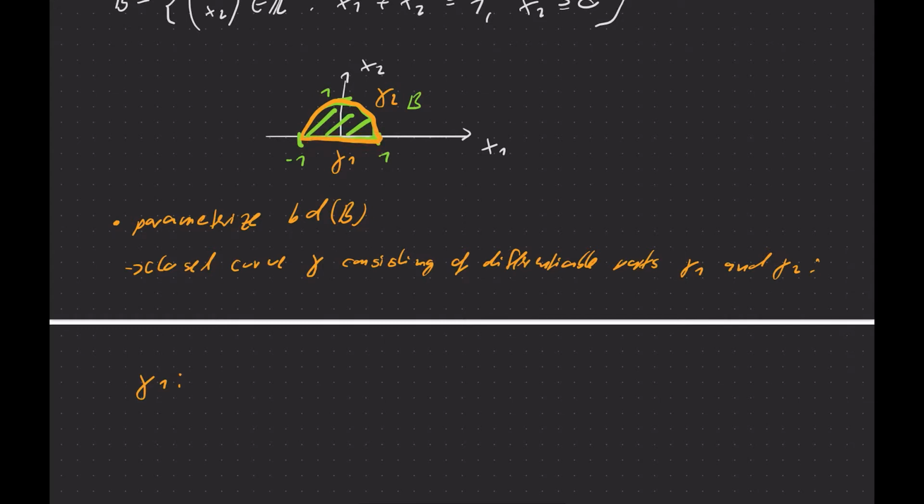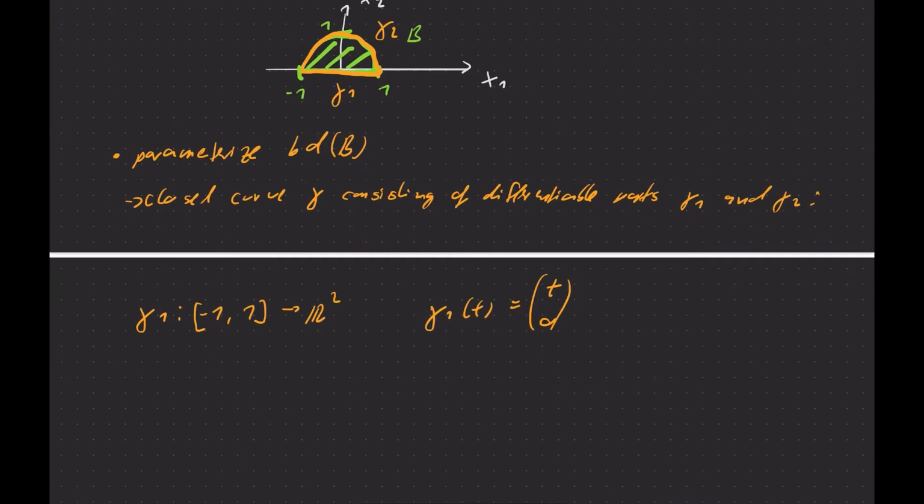So the easiest way to parameterize this is probably to take the interval from minus 1 to 1 and map that to R2. Our mapping is gamma 1 of t equals t and 0. Then the first coordinate varies between minus 1 and 1, and the second one is always 0, so we get exactly this curve.